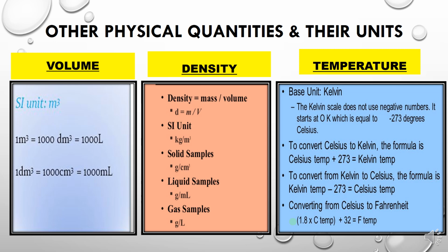For converting temperature from Celsius into Fahrenheit, you can use the formula 1.8 multiplied by temperature in degrees Celsius plus 32. You will get the answer in Fahrenheit. So you can practice these formulas to convert various units of temperature.